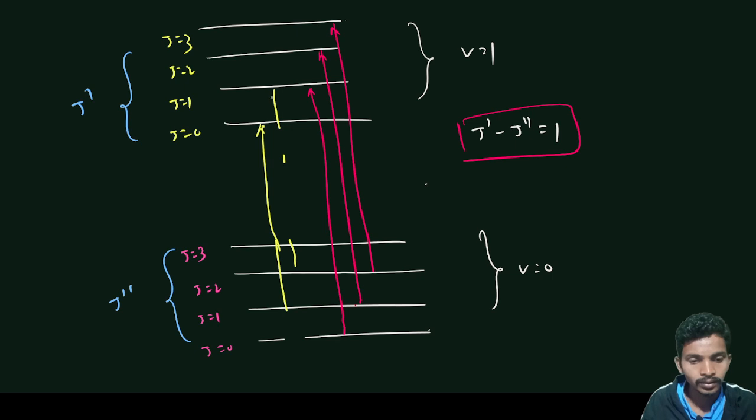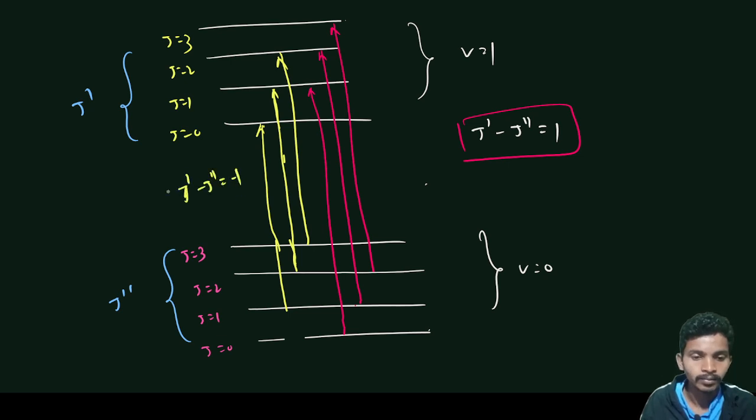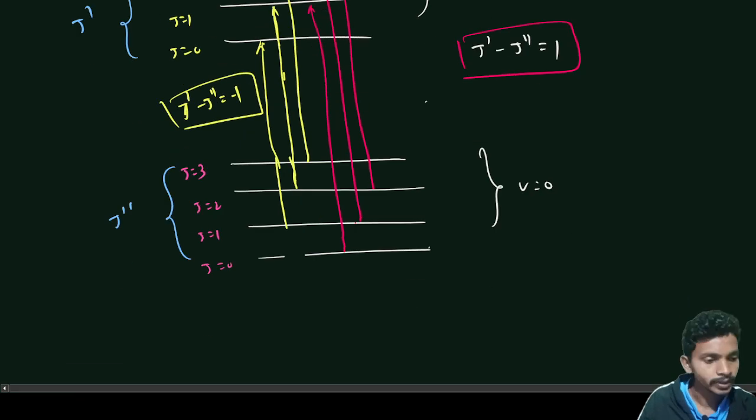So here 1 to 0, and this is 2 to 1, this type of transitions. This type of transitions have z dash minus z double dash equal to minus 1. So how do we represent this in that spectrum?